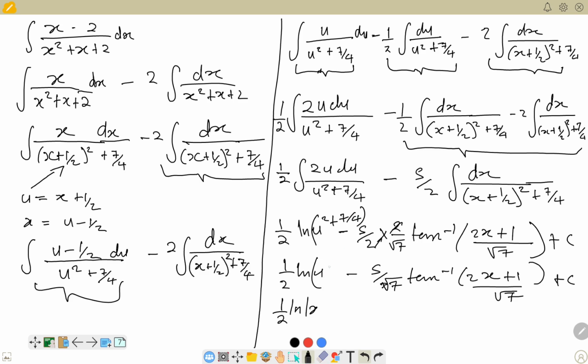Sorry for that. Even here we're having u squared plus 7 over 4. So we can see that this should actually take us back to x squared plus x plus 2, because it's what we completed the square on the other side. Then we'll have 5 over square root of 7 arctan 2x plus 1 over square root of 7 plus c.